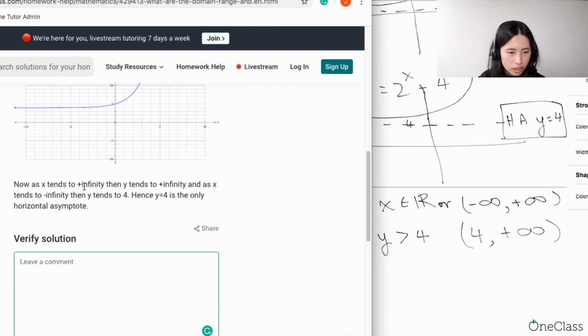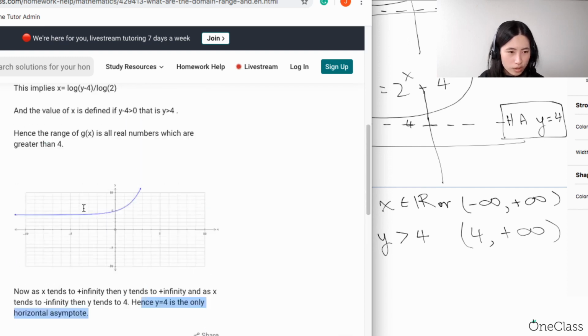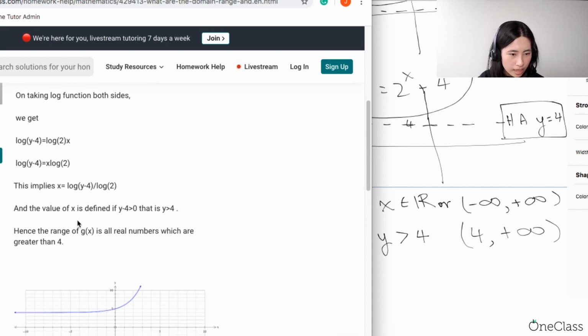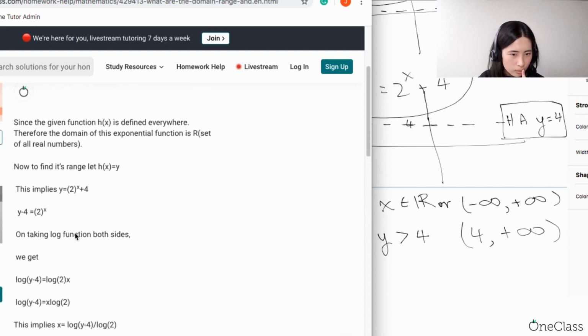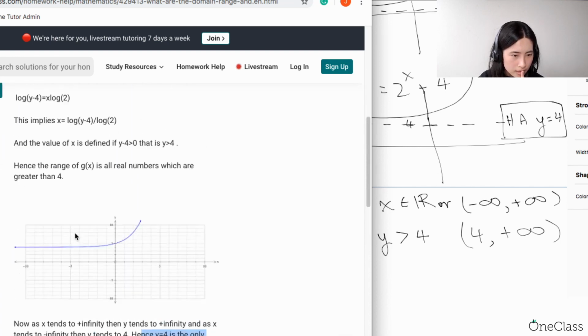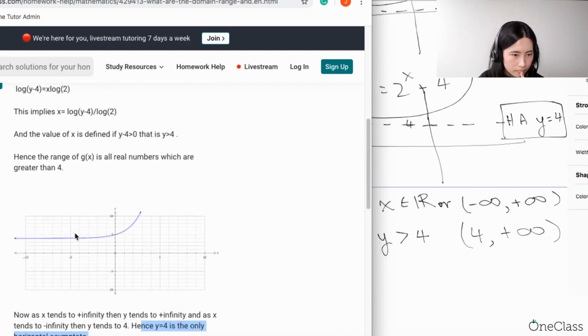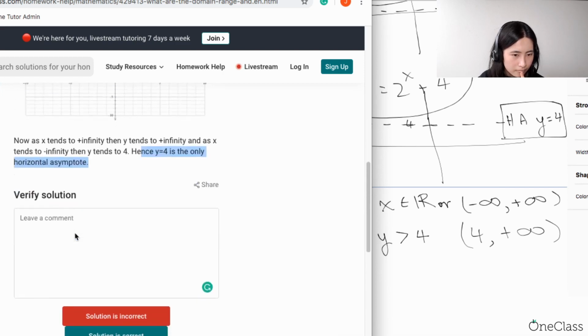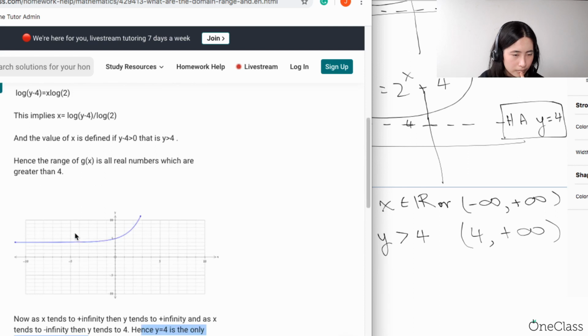Okay, but let's see what they wrote. In terms of domain, as x tends to positive infinity, y tends to positive infinity, and y equals 4 is the only horizontal asymptote. Domain, they didn't really say what the domain is. The range they're saying is all real numbers which are greater than 4.